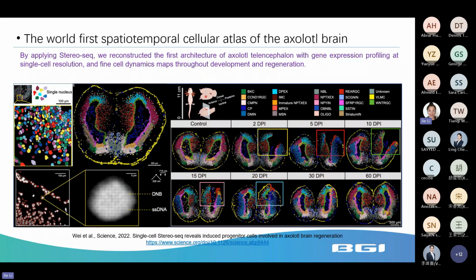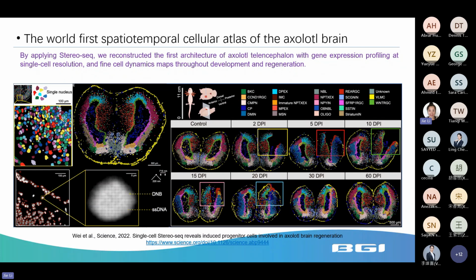And the second article is also the world's first spatiotemporal cell atlas of the axolotl brain. In mammals, if the brain has been damaged, it has a great challenge to recover due to limited regenerative capacity.